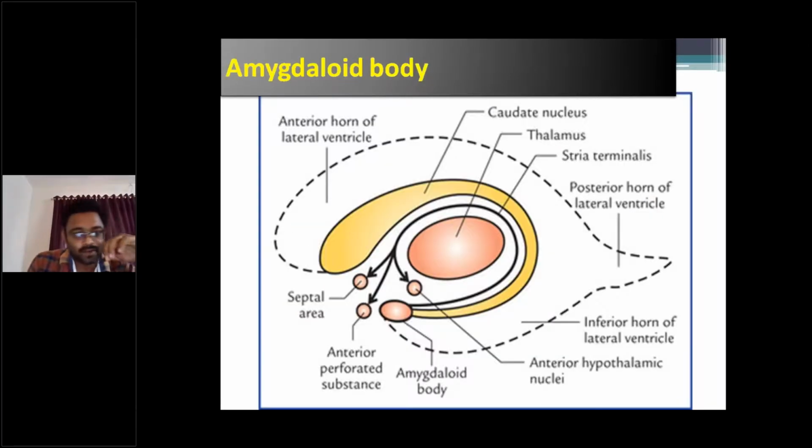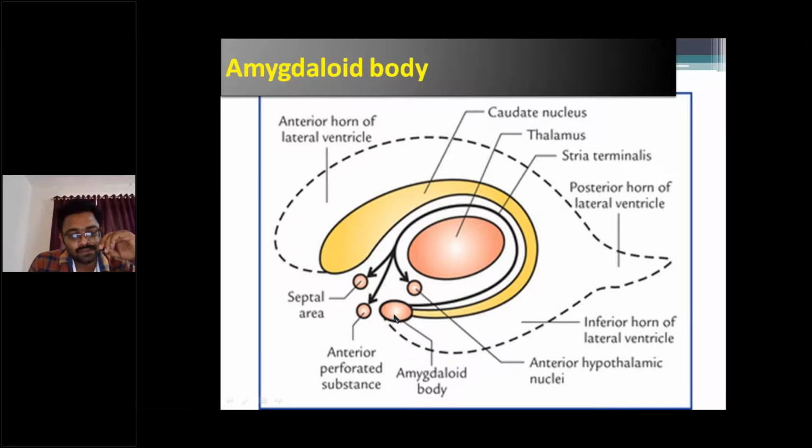Next one, amygdaloid body. It is an almond-shaped mass of gray matter. Developmentally, amygdaloid body is derived from telencephalon, and functionally it is connected to the limbic system.